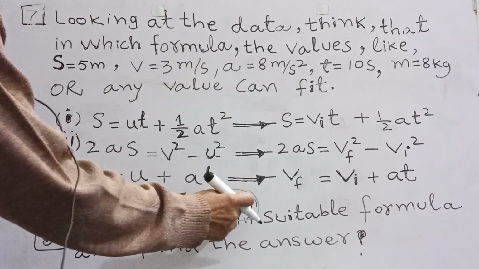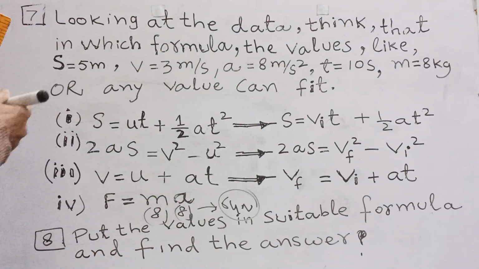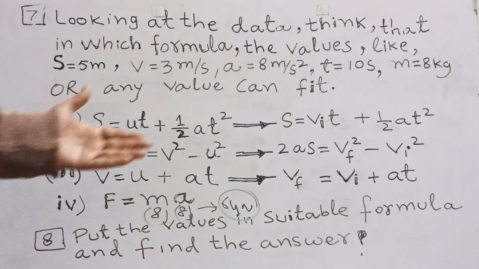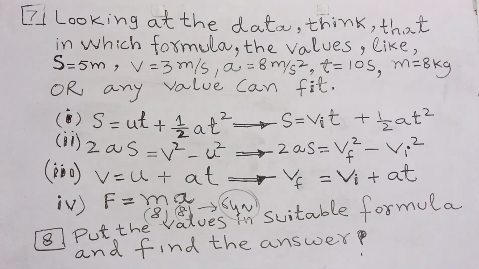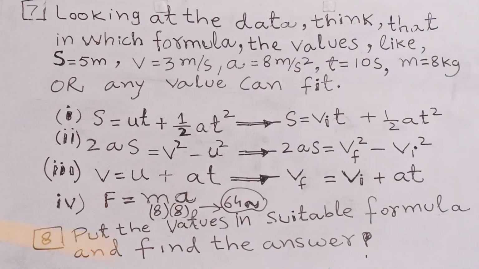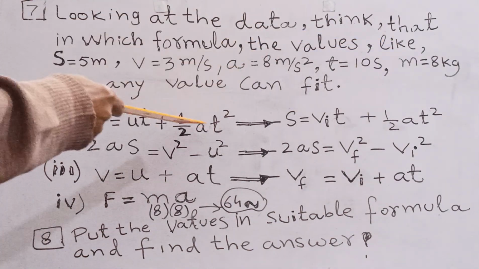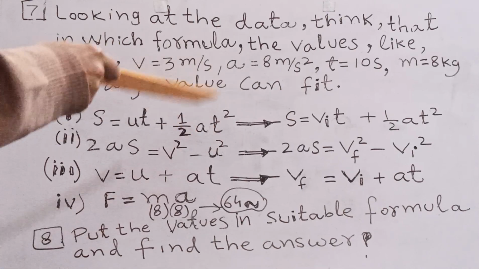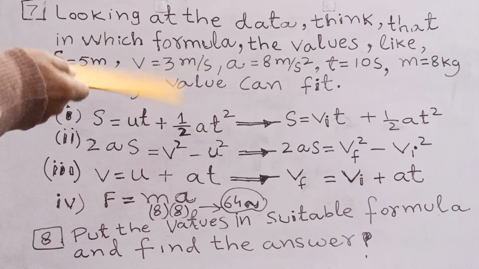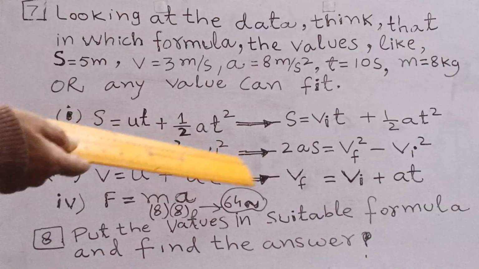So 64 Newton is the value of the applied force. Hence we find the value of force is 64 Newton. So by putting these values in any of the suitable formulas, we can find the value of whatever physical quantity is required.